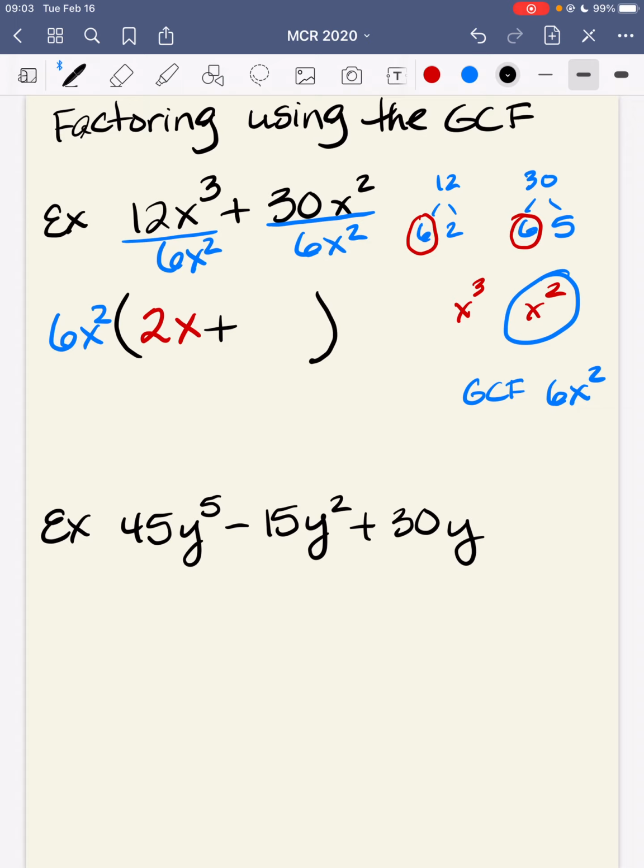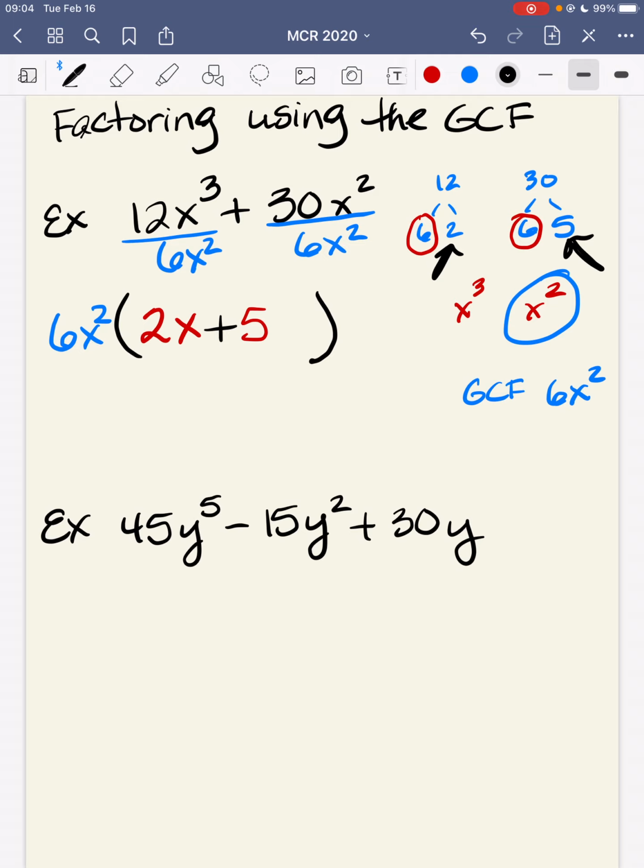And 30 divided by 6 is 5. And the x squareds completely cancel, so this is what I'm left with. All right, and notice what I have for numbers inside the binomial are what's left over from when I did a quick factor tree.